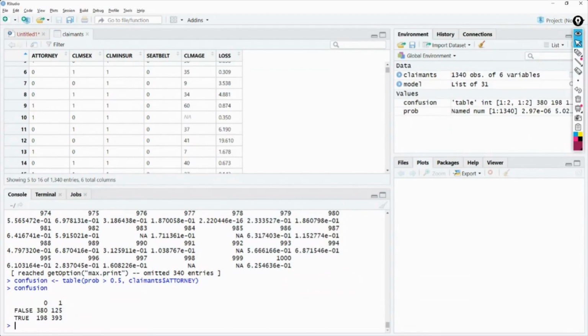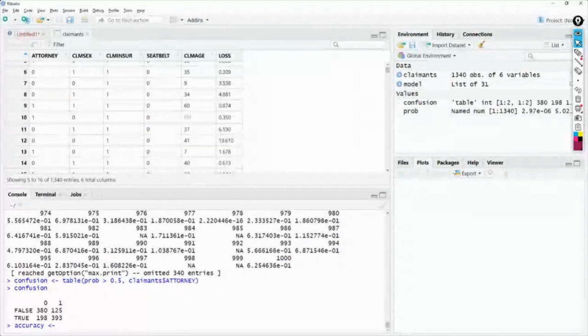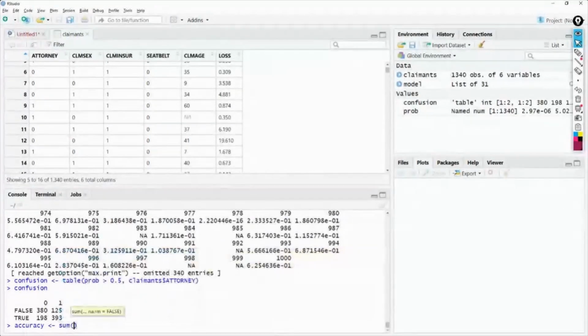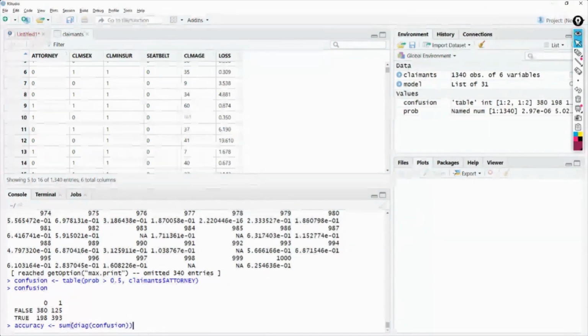So what you do is, okay, now you want to calculate accuracy. How would you do that? Take the summation of the diagonal of the confusion matrix.